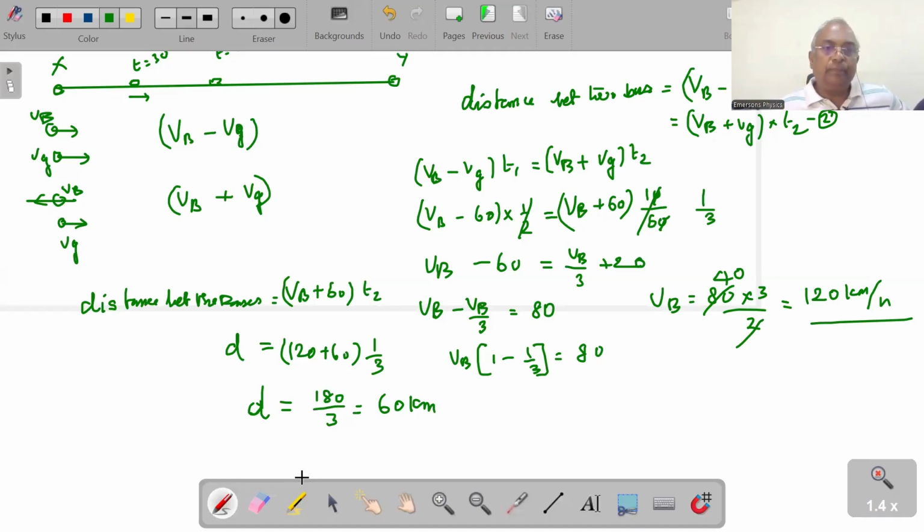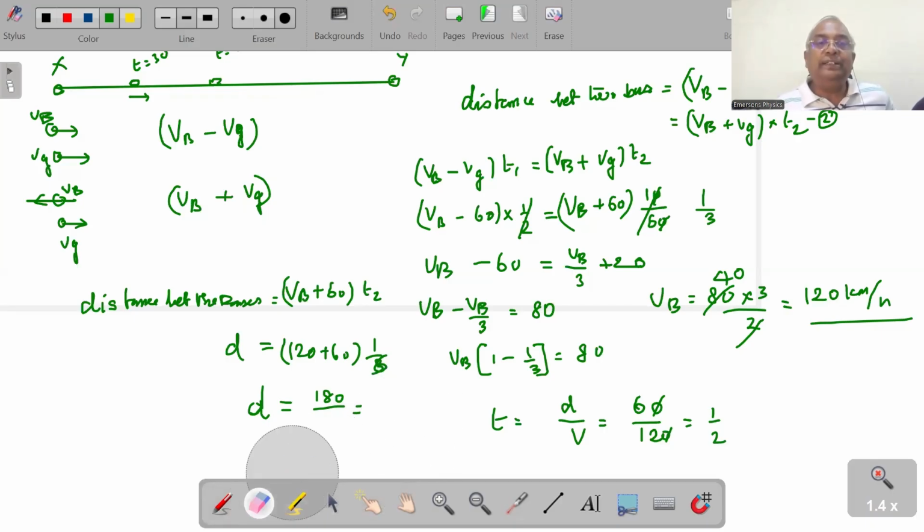Time interval equal to distance by velocity. So 60 by 120, 6 by 2, 1 by 2. There is a small mistake here, this is 1 by 6. So this answer becomes 180 by 6, so 30 kilometers. So here also distance is 30 kilometers.